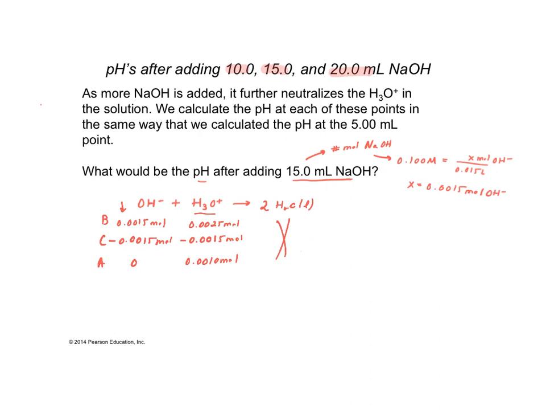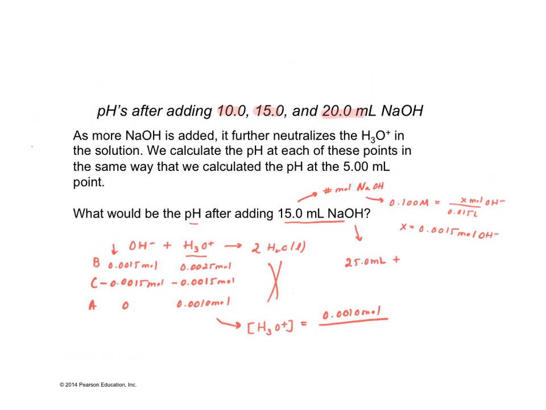To calculate the pH, we then need to calculate the concentration of H3O+ in our new solution. We know how many moles we have. Now we just need to divide that by the total volume of the solution. This was the 25 milliliters present originally, plus the addition we have made, which is now 15 mL.